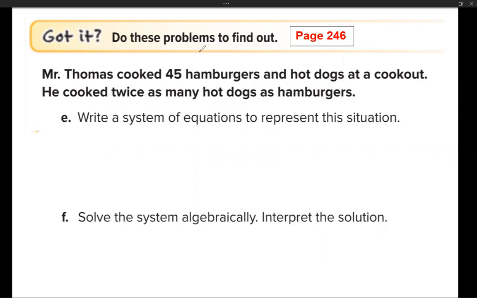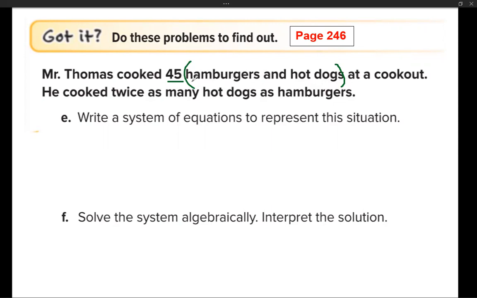Let's read the first statement here. Mr. Thomas cooked 45 hamburgers and hot dogs at a cookout. Okay, this is not 45 hamburgers alone. No, this 45 is the number of hamburgers and hot dogs together, not only the hamburgers.